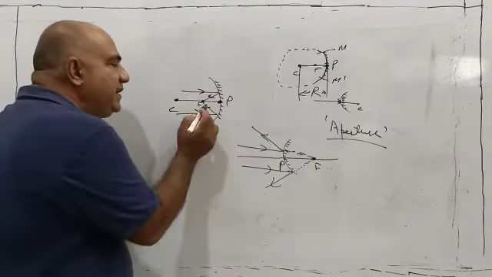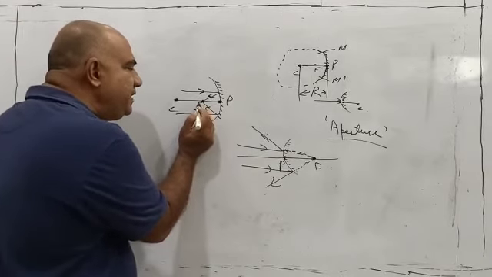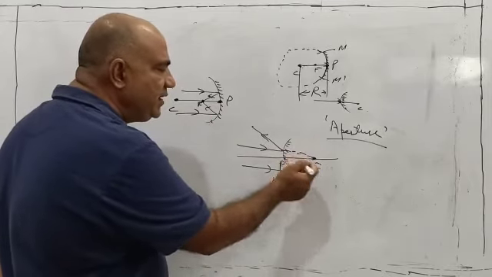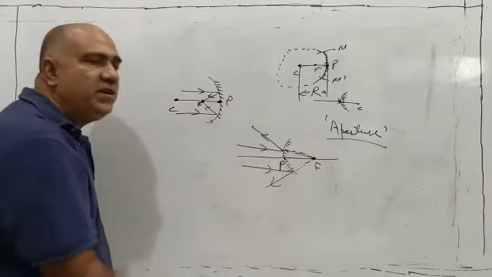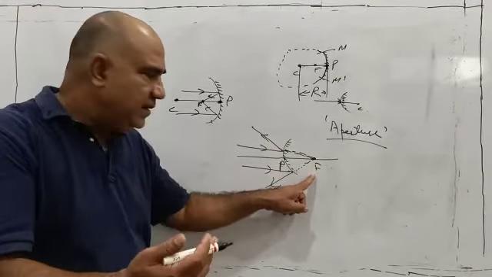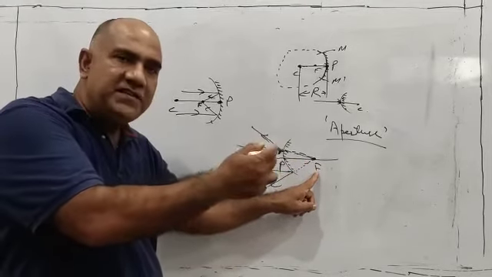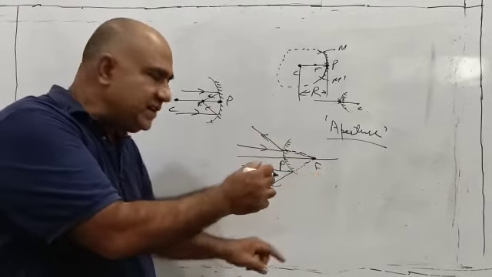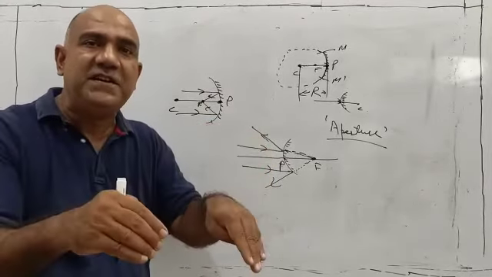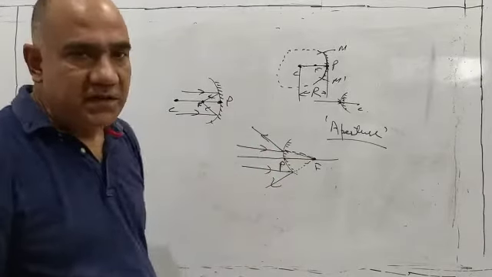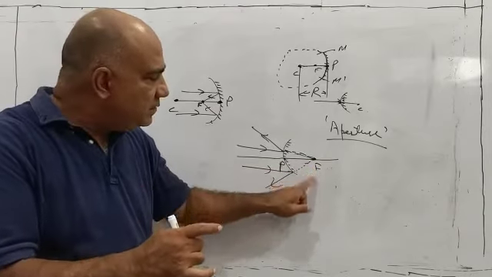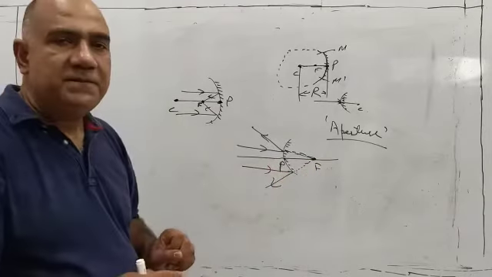So since light rays are actually meeting at this point, we say this principal focus is real and this is virtual, because light rays do not actually diverge, they are only appearing to diverge from there. Principal focus of a convex mirror is a point on the principal axis from which all the light rays which were initially parallel and close by to the principal axis appear to diverge after the reflection. That is principal focus of this. And since light rays do not actually meet to form this, this is a virtual focus, and that is a real focus.